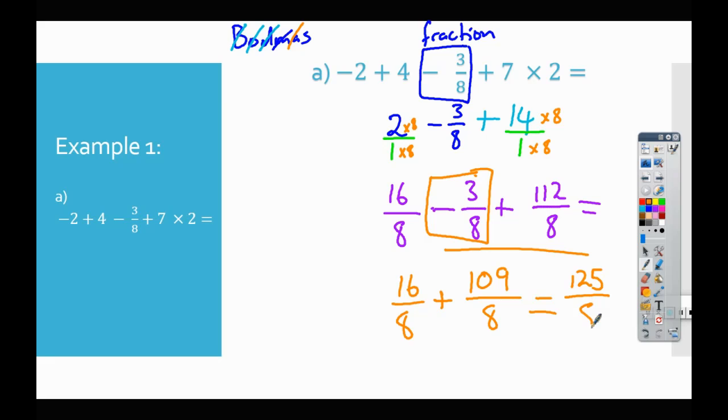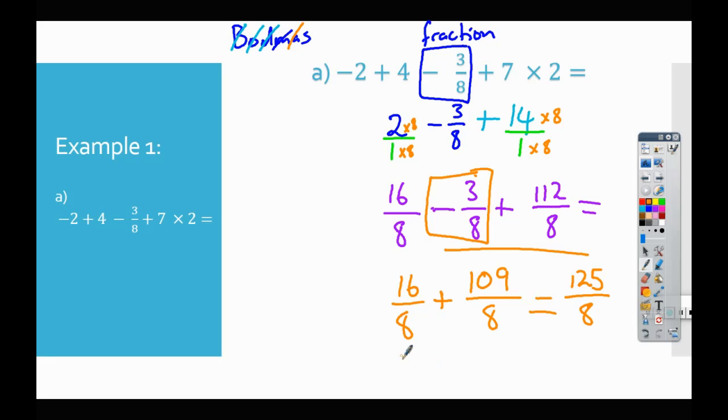125 over 8, and you can use your calculator to divide to find out what is 125 divided by 8. So at first it will give you a different answer. Since we are dealing with fractions, we could leave your answer as a fraction.